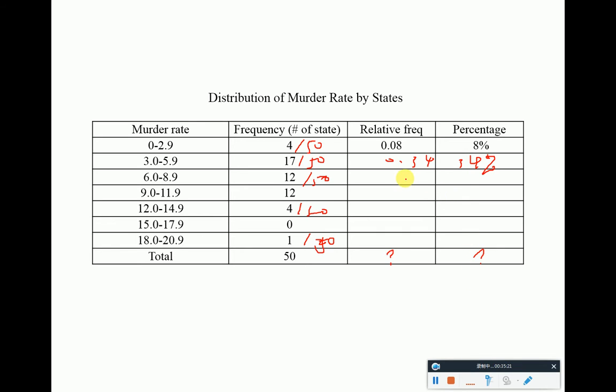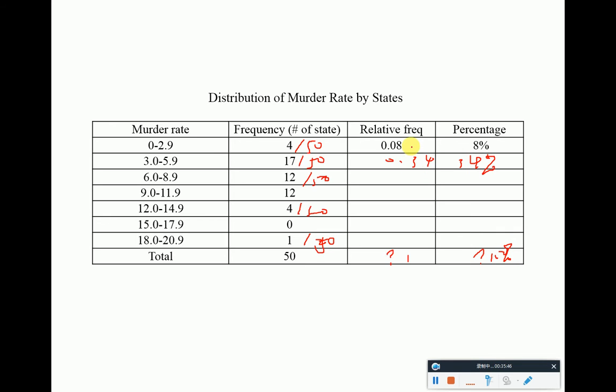Even without doing these calculations. You may want to pause to think about it. But if you already have the answer, I can tell you right now. Presume that you have thought about it. The answer here should be 1, and the answer here should be 100%.